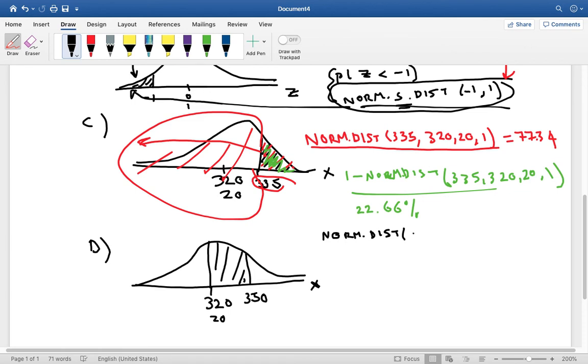So norm.dist, I can put the 350 in here, the mean of 320, the standard deviation of 20, and the 1.